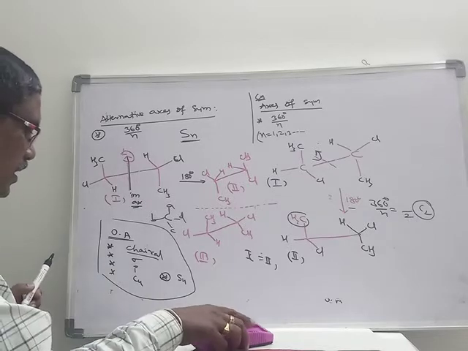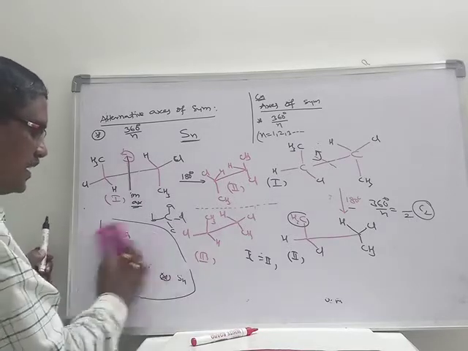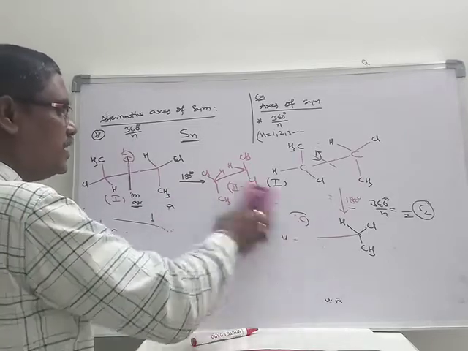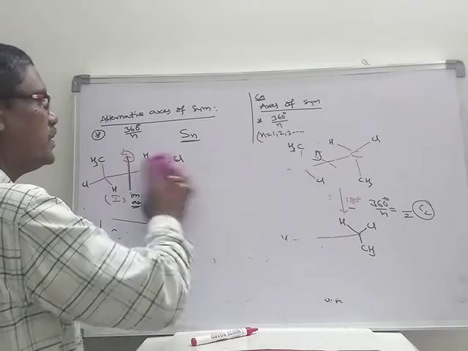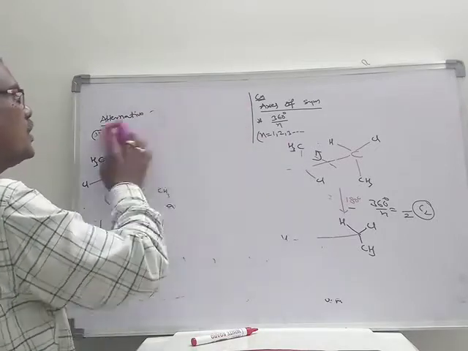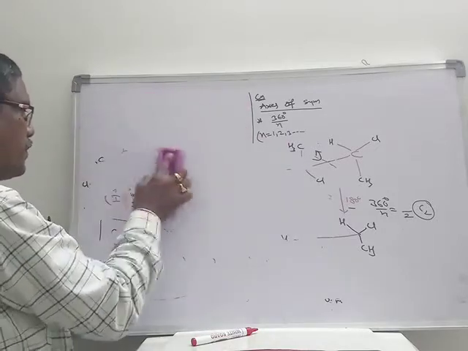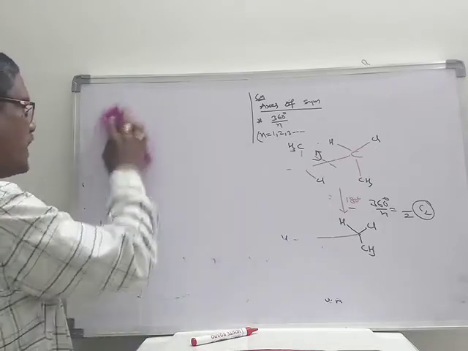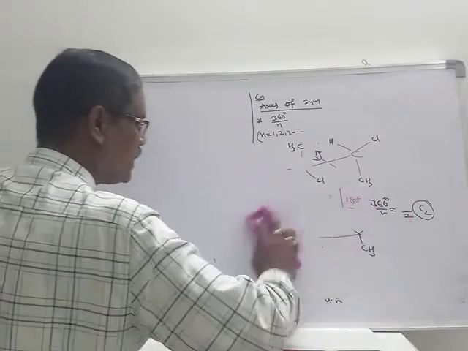That's why, based on these symmetry points, optical isomers are classified into types. Optically active compounds are classified into three types.